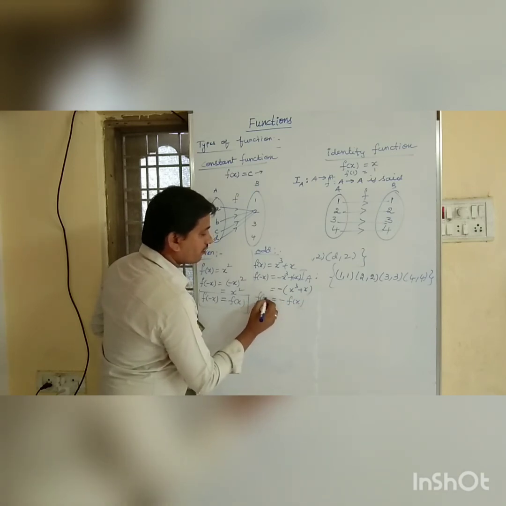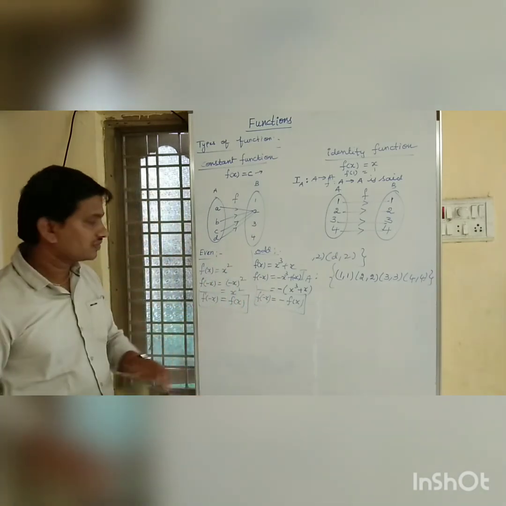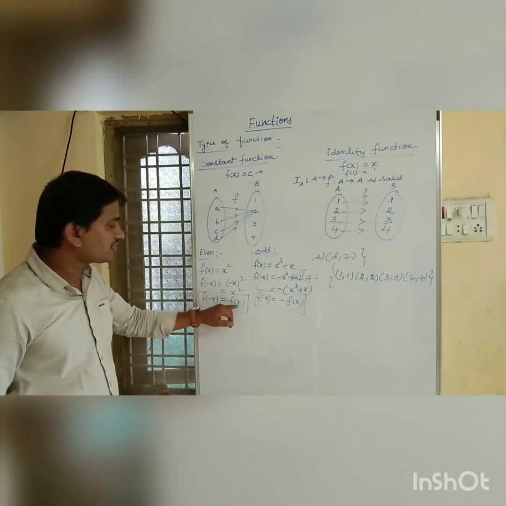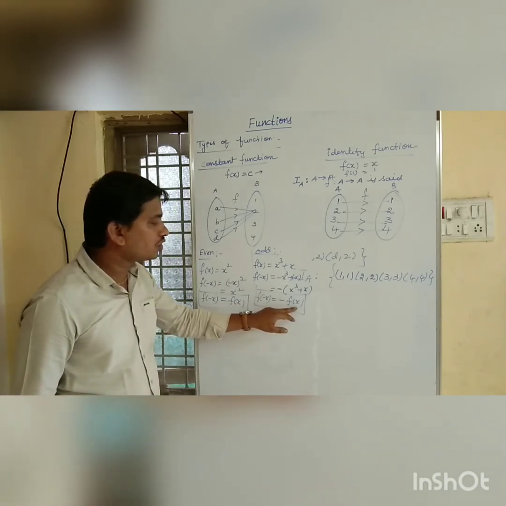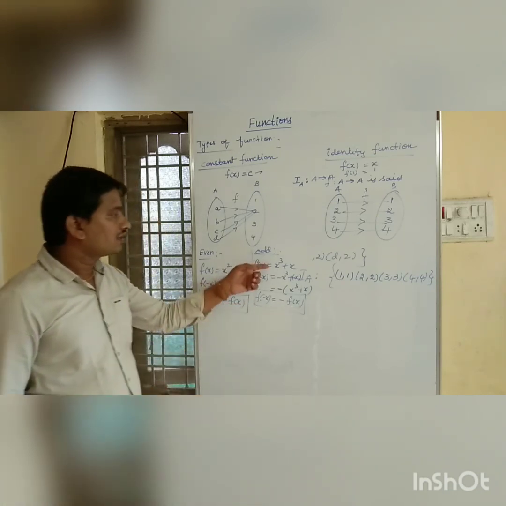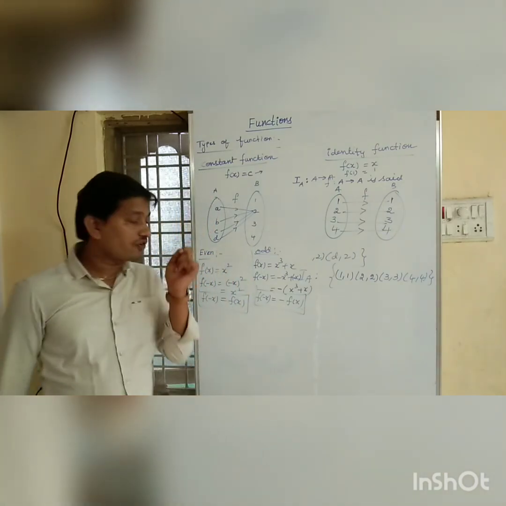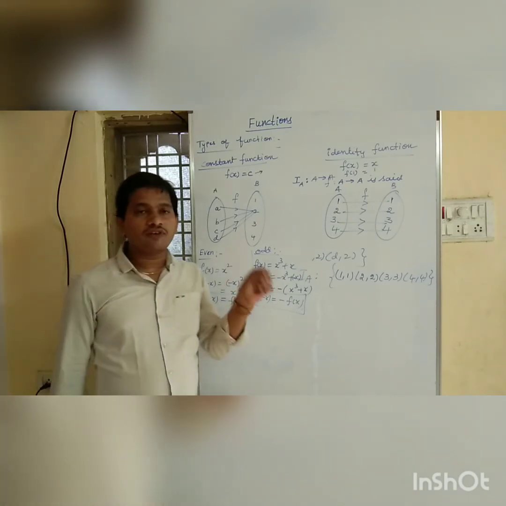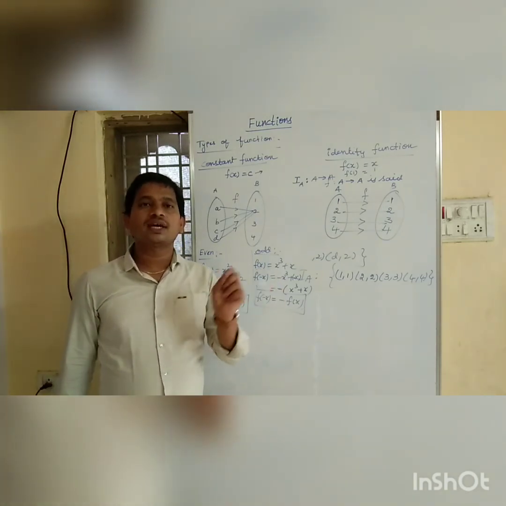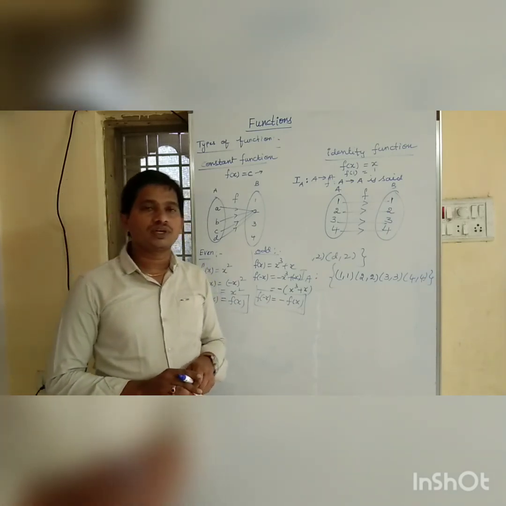I mean f of minus x is equal to what we got? Minus f of x. Here in the previous case f of minus x is equal to plus f of x, whereas in this case f of minus x is equal to minus f of x. Then that function is said to be odd function. Even function in the sense f of minus x is equal to f of x. Odd function is nothing but f of minus x is equal to minus f of x. So that is called as even function and odd function.